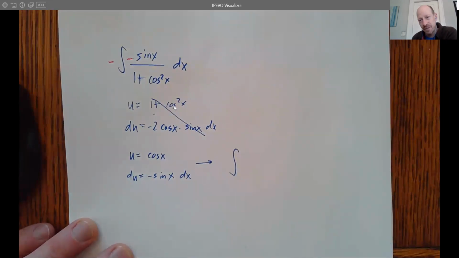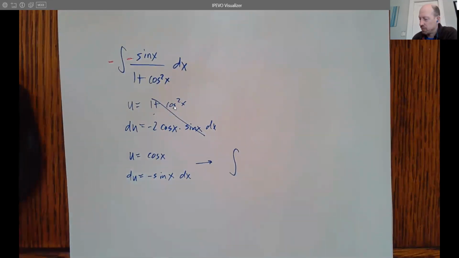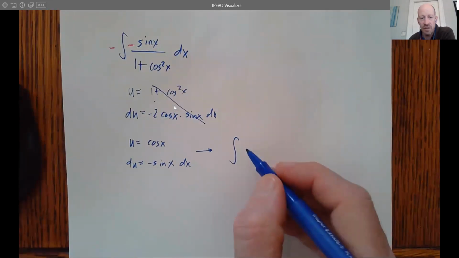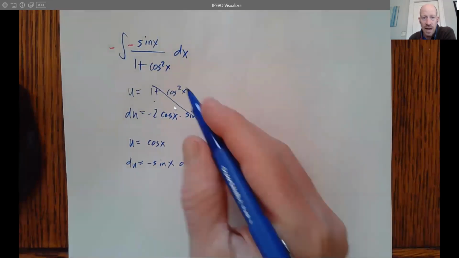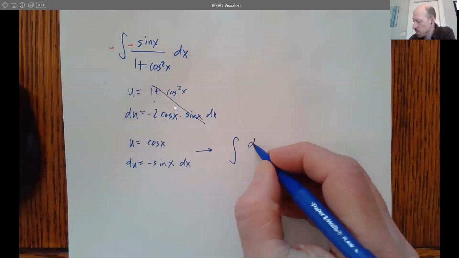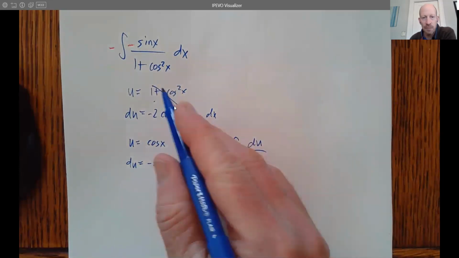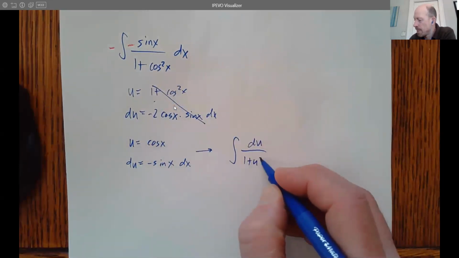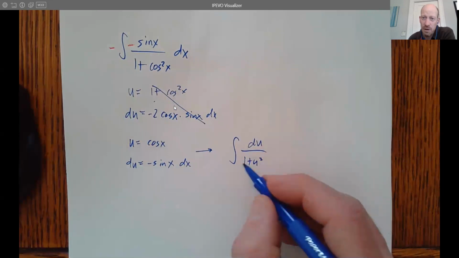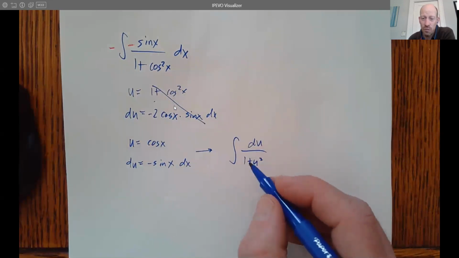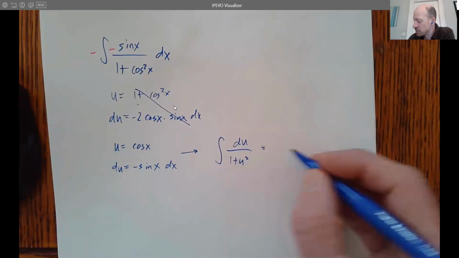I just put the constant in and multiply by the inverse of it on the outside. So the top then becomes du, and the bottom becomes 1 plus u squared. And this, hopefully, we recognize as the 1 over 1 plus u squared, which is arctangent.